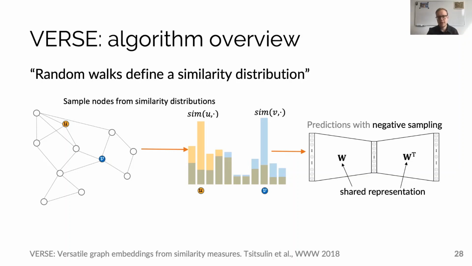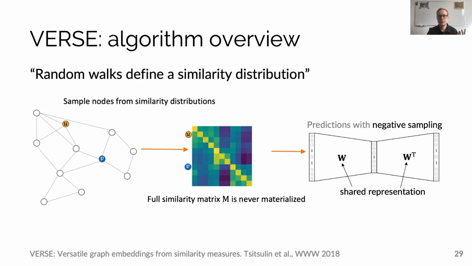Here, for example, we have the personalized PageRank distribution for nodes U and V, colored in yellow and blue in the graph. And we can see that these two are quite a bit different. So intuitively, we would have some separation if we learned a neural network to distinguish between those. The complete information about the similarity can be stored in the similarity matrix M. I will use it later in the talk, so pay attention and remember how it looks.